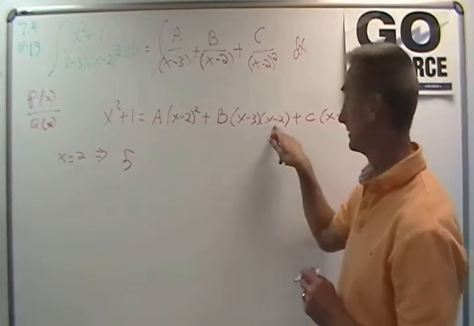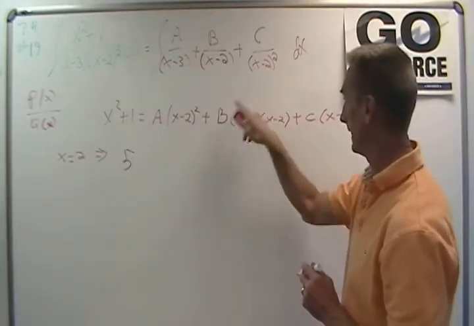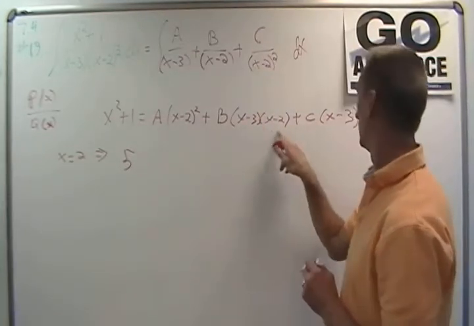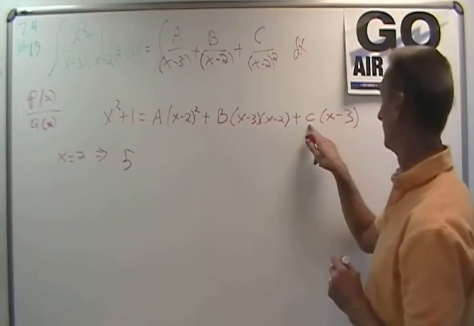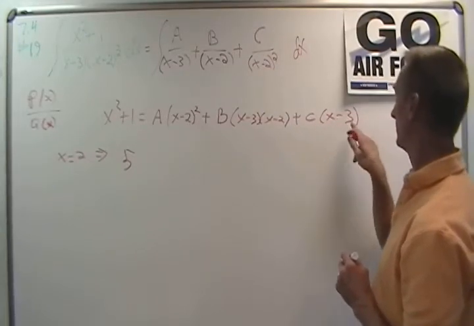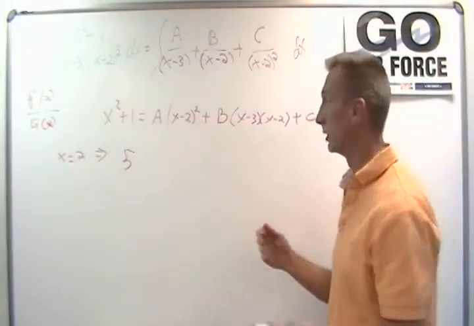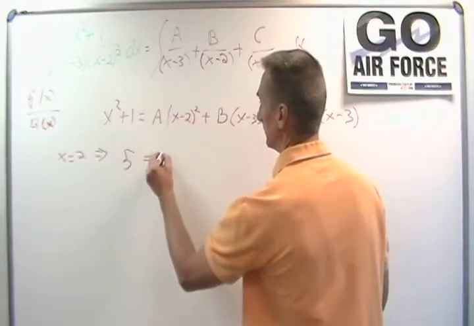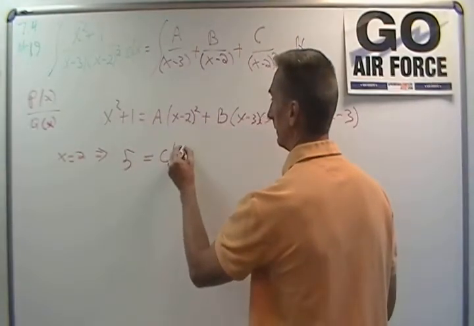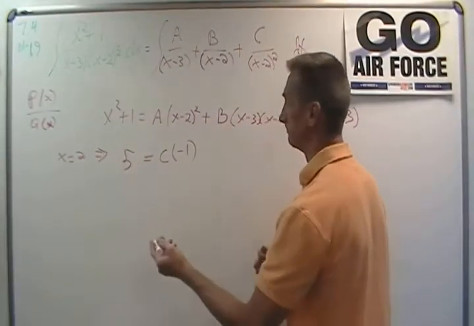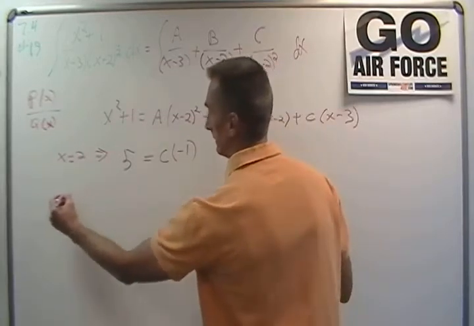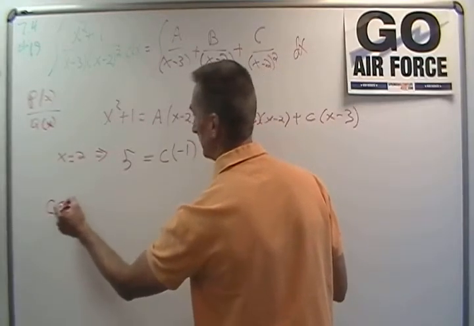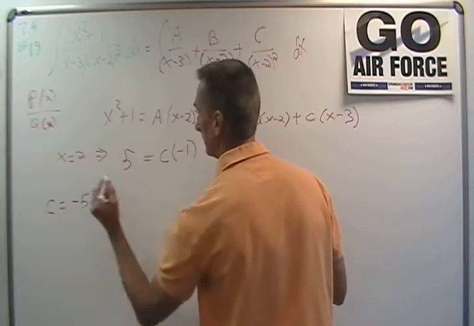I got an (x minus 2) here, so if x is equal to 2, that whole thing is 0. And all I'm left with is C times 2 minus 3, which is minus 1. So this is equal to C times minus 1. Therefore, I know that C is equal to negative 5.